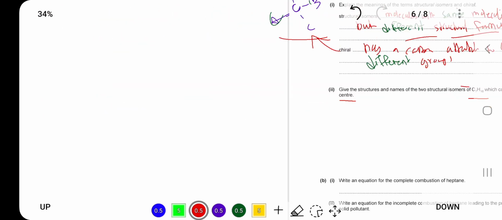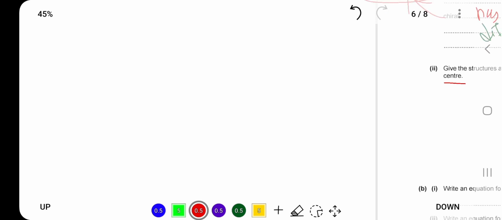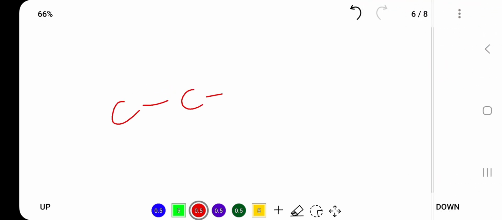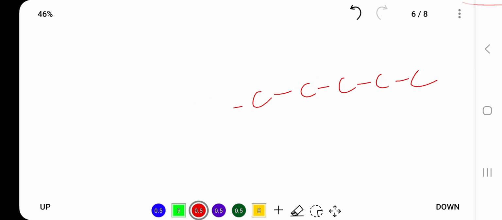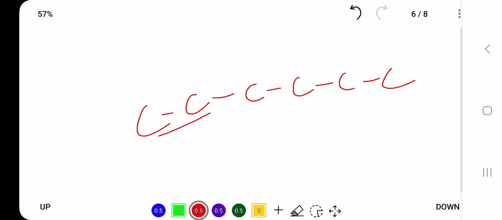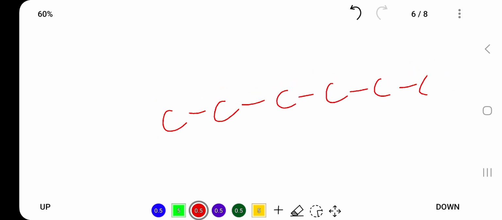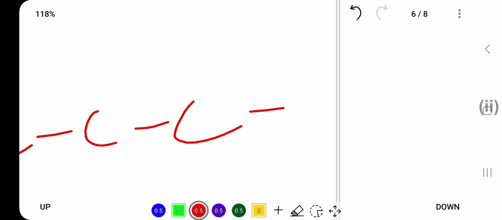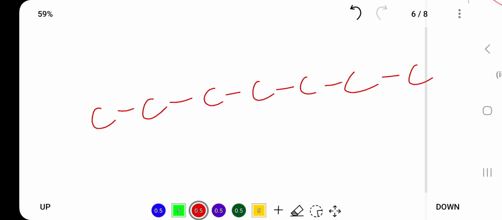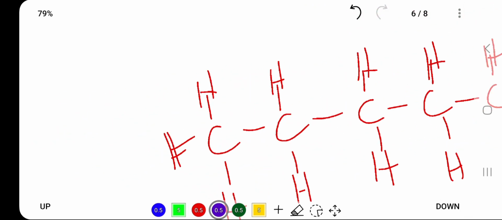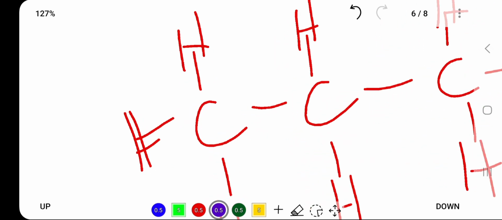Okay, what do you have? A heptane. Now, in such questions, I want to start by drawing whatever they give you in the normal form. 1, 2, 3, 4, 5, 6, 7. Done. Now you can choose any carbon to say that it's a chiral carbon.